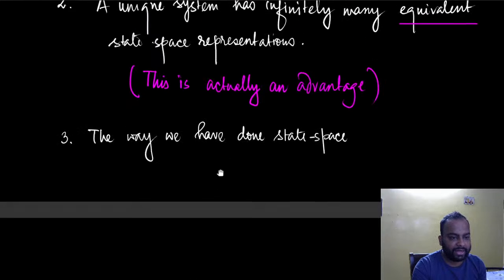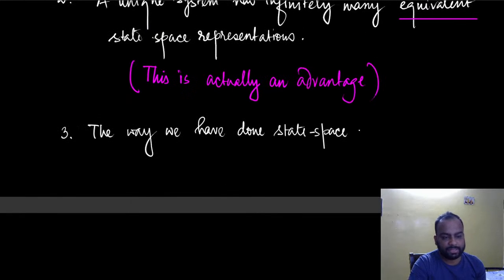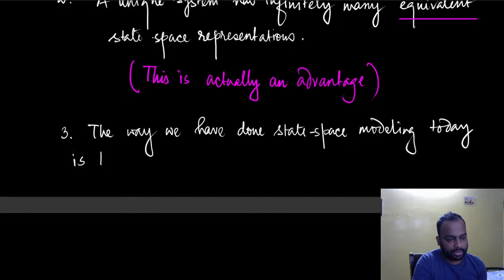The way we have done state space modeling today is known as the phase variable canonical form.